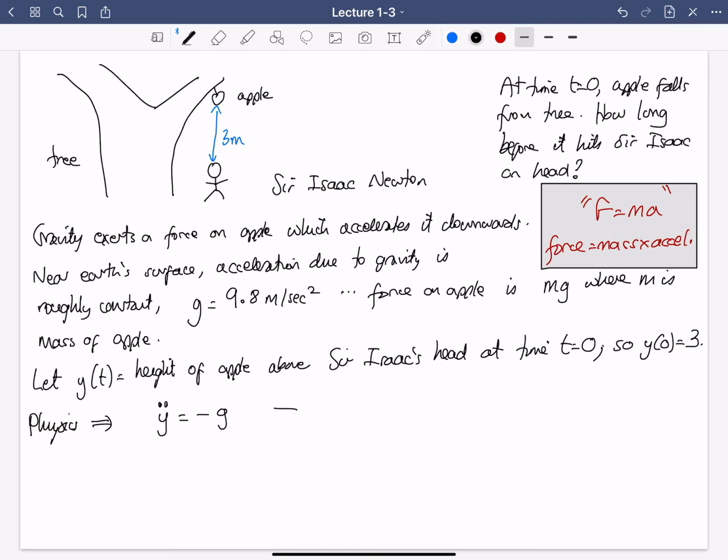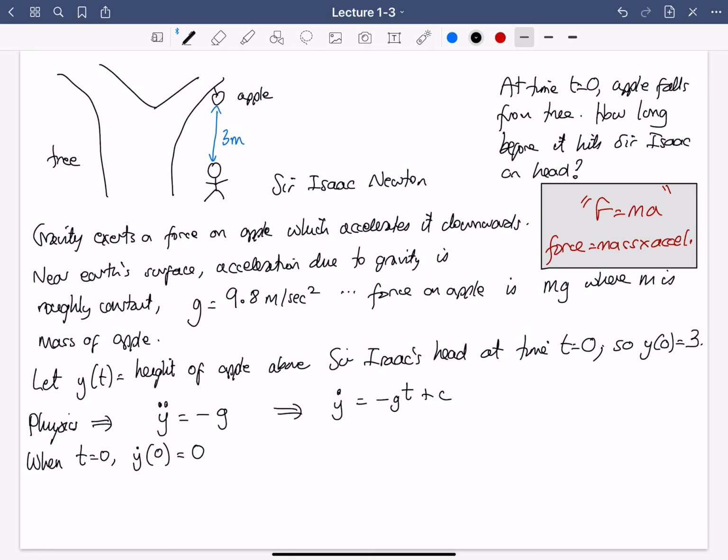So what can we say? This is a second order differential equation. We saw such a thing in the last lecture. So what do we know? Well, we know y dot has got to be an antiderivative of minus g, but now with respect to time, right? So that would be minus gt plus a constant. But let me see. We can work out that constant because we know that when t is 0, the velocity y dot of 0 is 0.